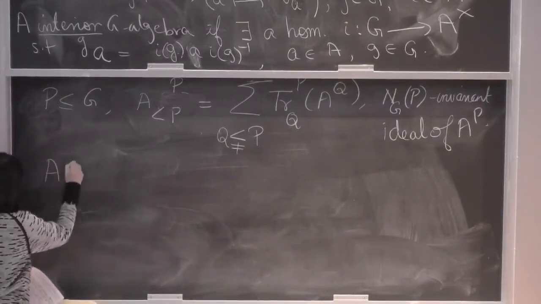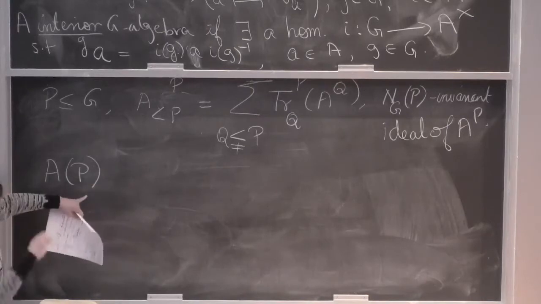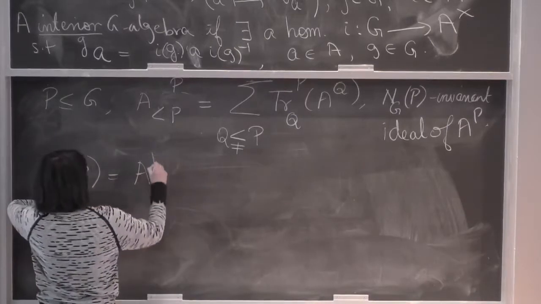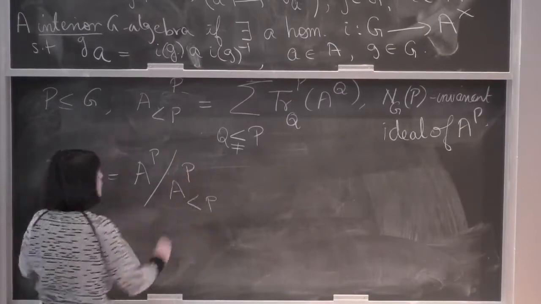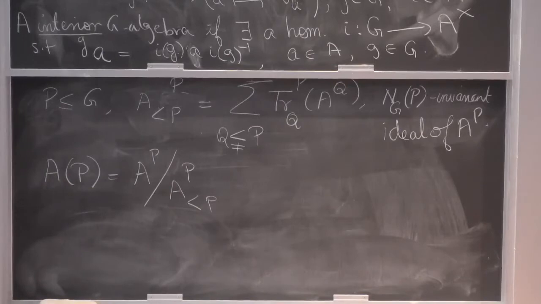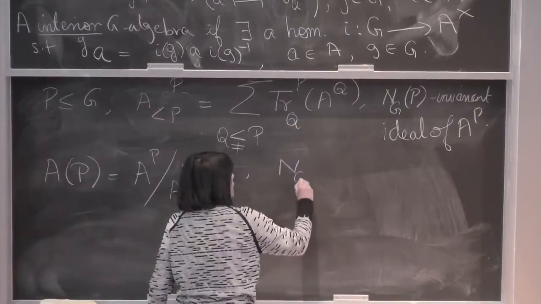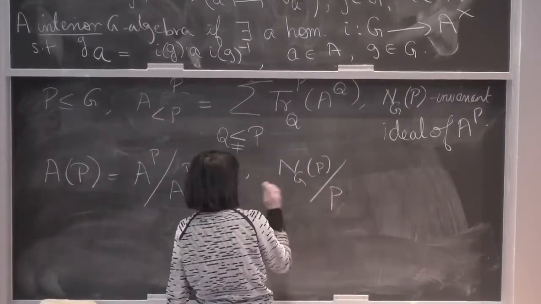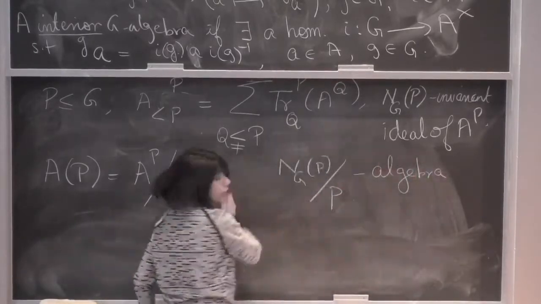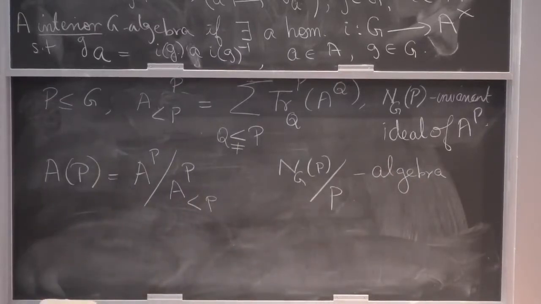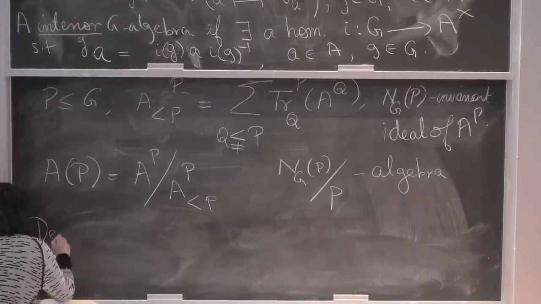So now I can take the quotient by this ideal, and I'll get an N_G(P)/P algebra. So here's this local-global thing happening: we started with a G-algebra, and we are now getting to an N_G(P)-algebra. And here's the definition.